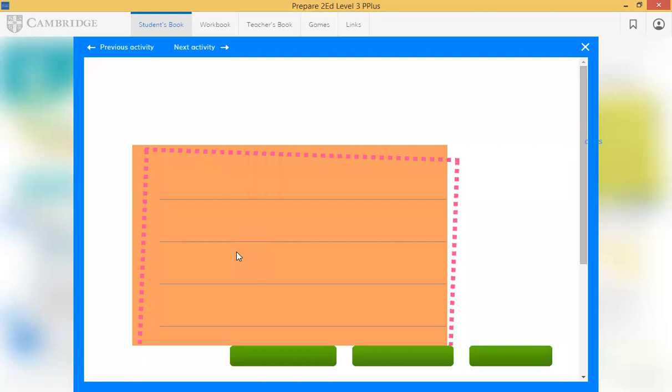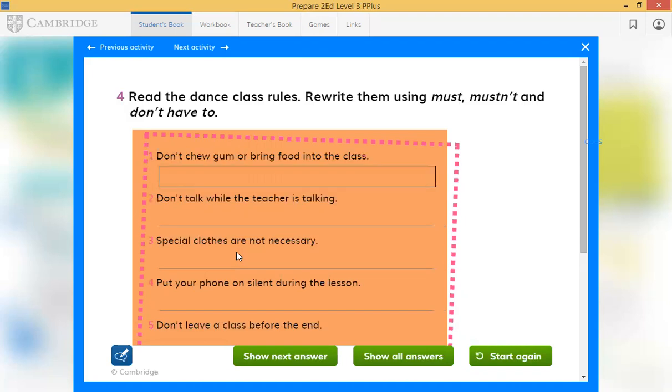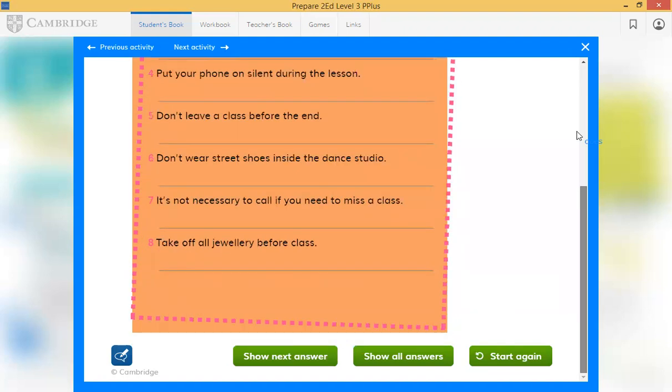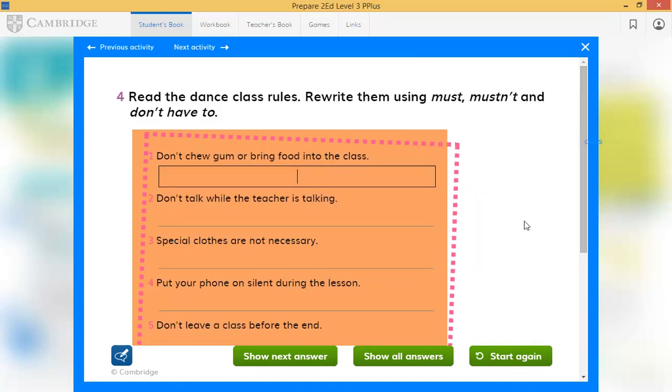Okay, right there we have this exercise. Read the dance class rules and rewrite them using must, mustn't, and don't have to. So there we have 8 sentences. Number 1: don't chew gum or bring food into the class.